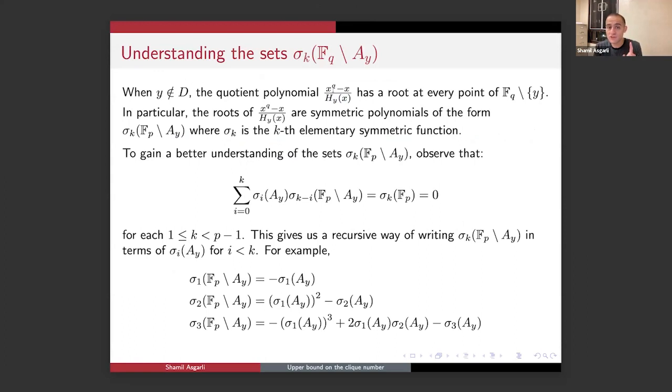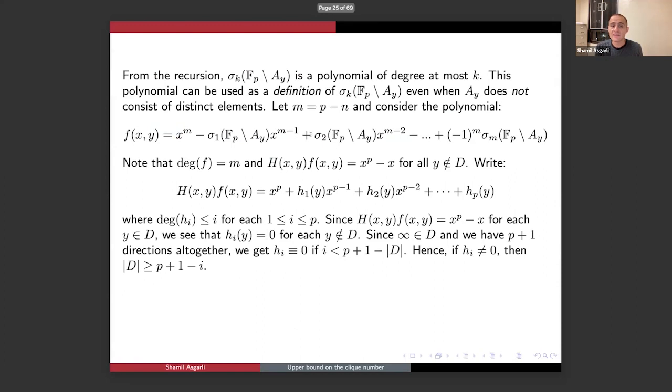We looked at that quotient and we know that the roots are exactly F_p minus A_y. So that's why if you look at x to the p minus x and divide that by the Rédei polynomial h(x,y), you get f(x,y).